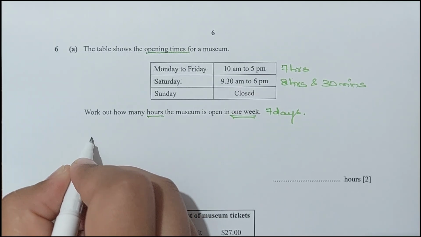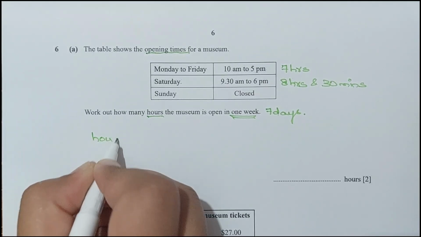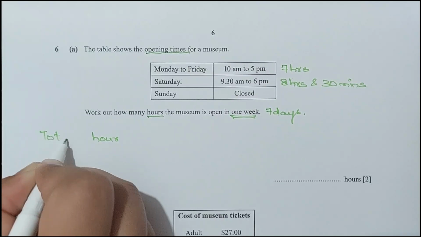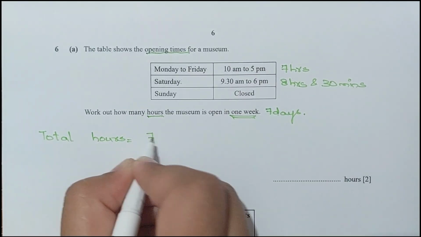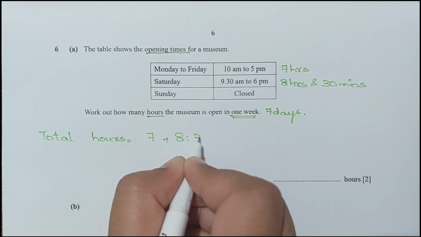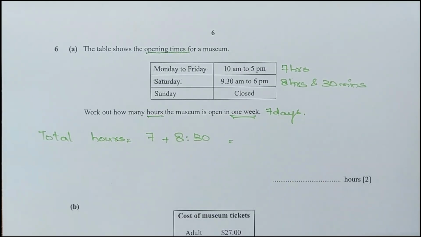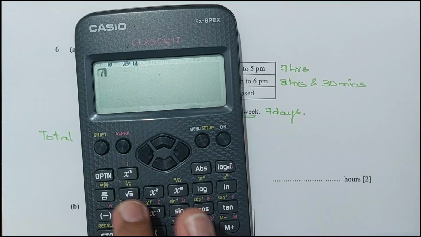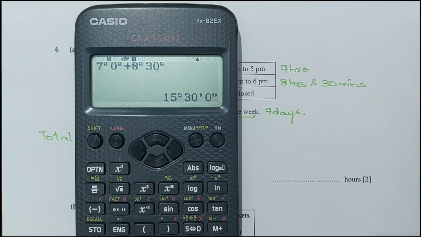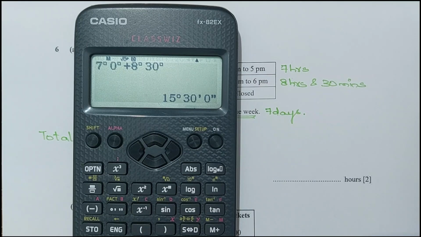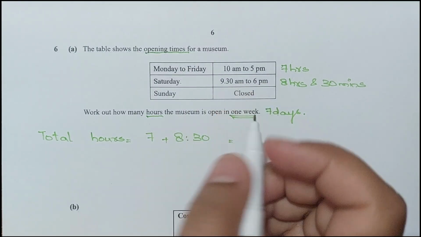So total hours in a week the museum is open is 7 plus 8.30. Okay, so we can say 7 hours and 0 minutes plus 8 hours and 30 minutes. Sorry, I made a mistake here.